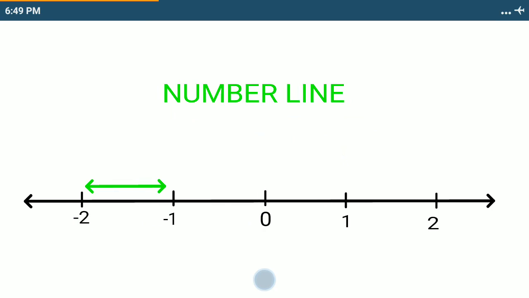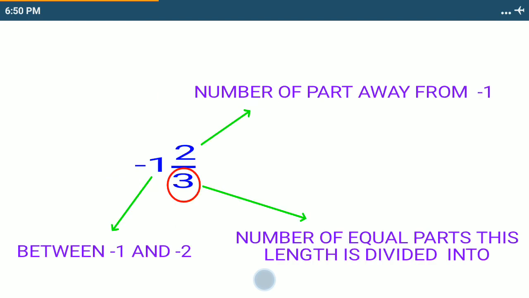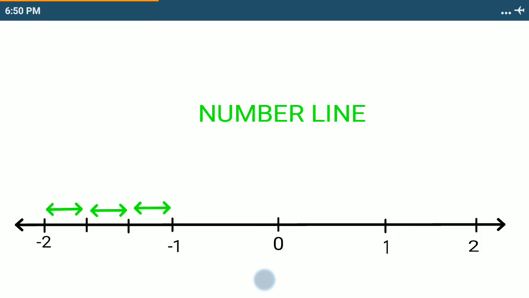Now we can say that minus 5 by 3 is between minus 1 and minus 2. Students, as we know that the denominator tells us the number of equal parts this length is divided into, we divide it into 3 equal parts by marking 2 lines.